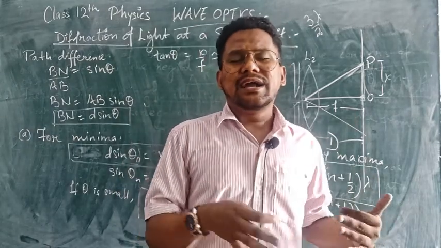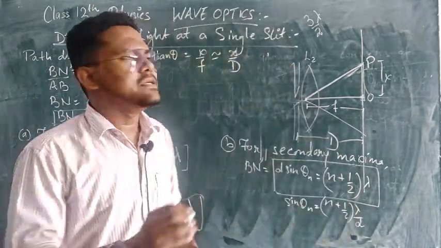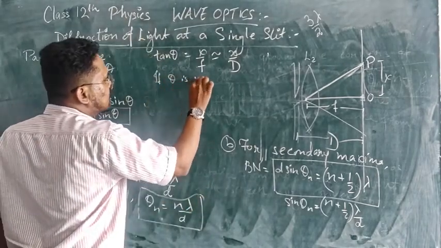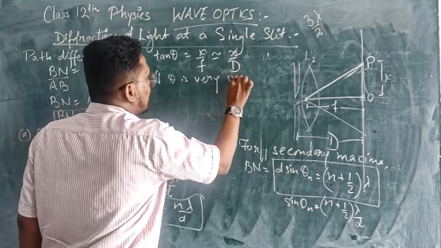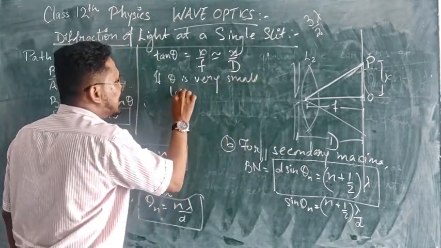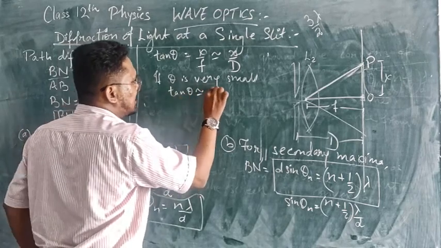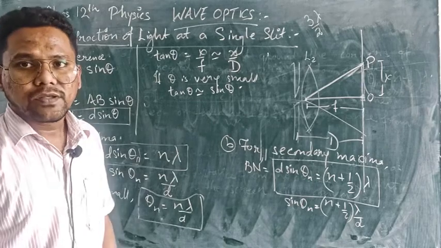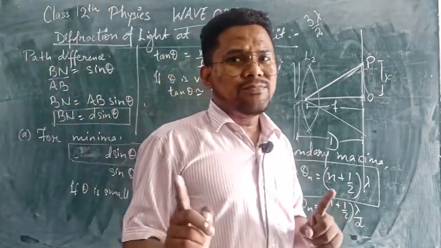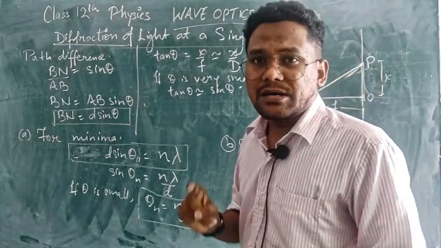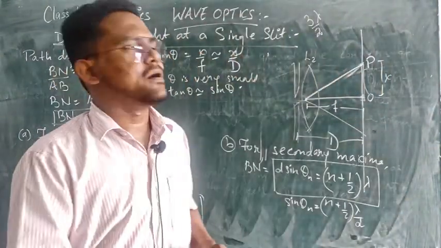And considering that theta is very small, what do I get? Then tan theta is approximately equal to sin theta. If you remember, for a very small angle, tan theta is approximately equal to sin theta, which is approximately equal to theta.